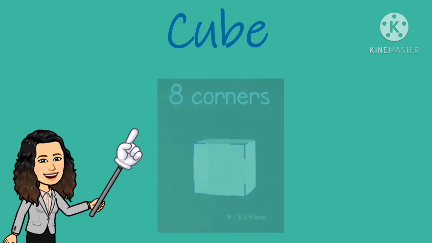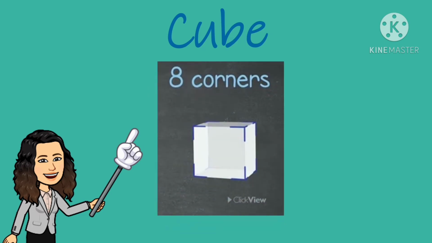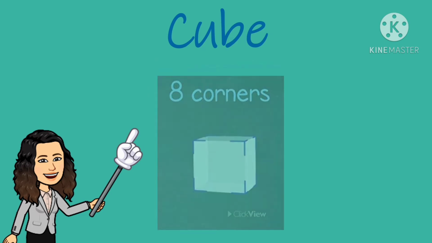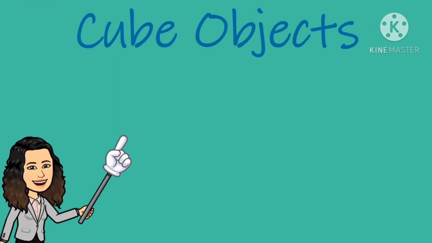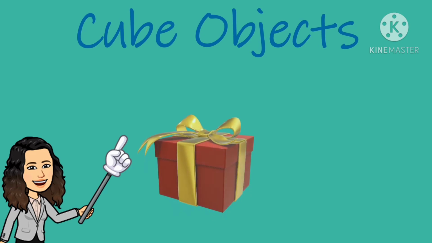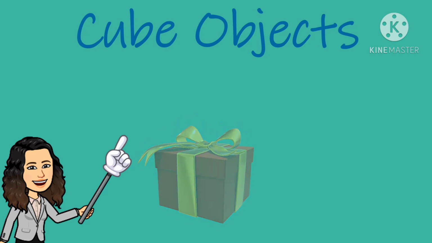Thank you, Rombawa. And a cube also has 8 corners because we have 12 edges that meet each other. In real life, we have a lot of cube-shaped objects such as boxes, blocks, and birthday presents, and many more that can be found in our house.